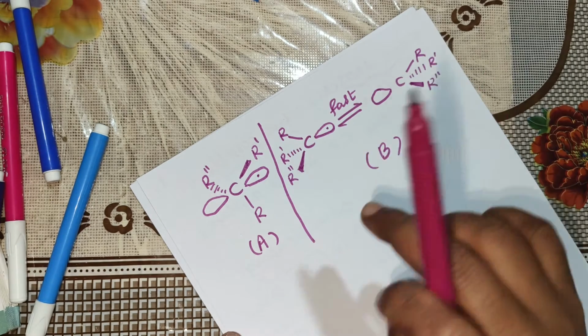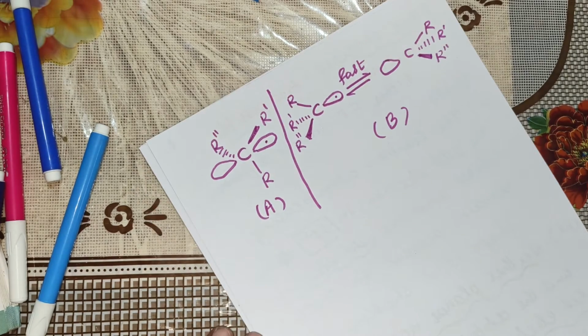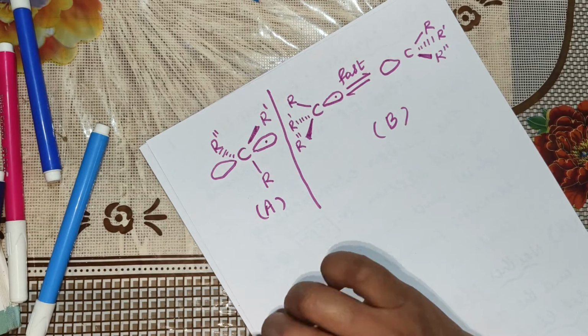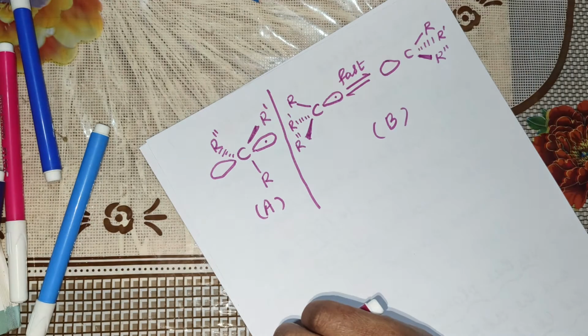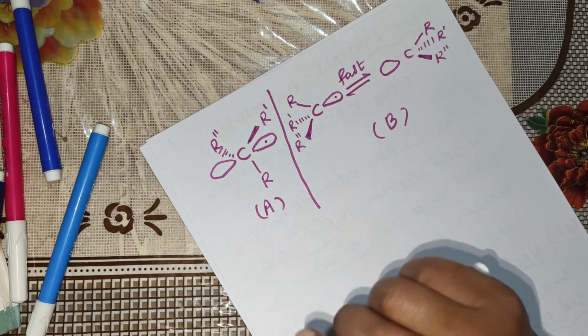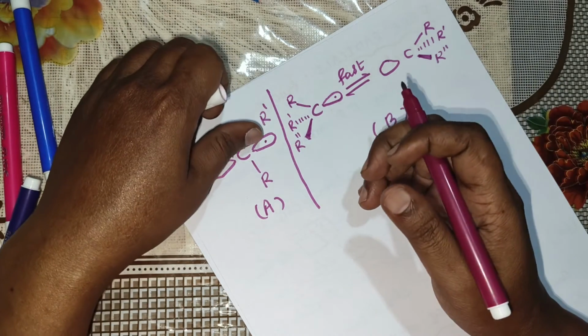Now, the main point is whether the free radical exists in planar configuration in these two forms. Let us see that.